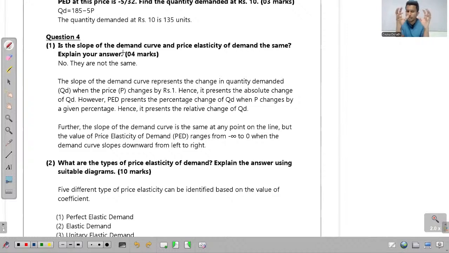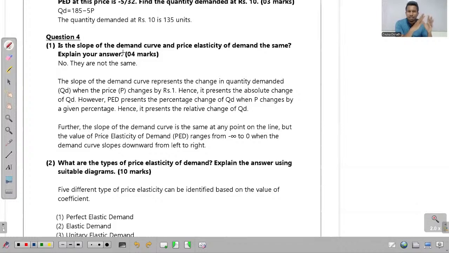Out of these two, we have already discussed the second one, price elasticity of demand. I told you before, when you hear the term price elasticity of demand, the word that must come to mind is the percentage change. Nothing else, it's about the percentage change. May it be the elasticity of demand or the elasticity of supply that you will learn in the coming lessons, it could be any.